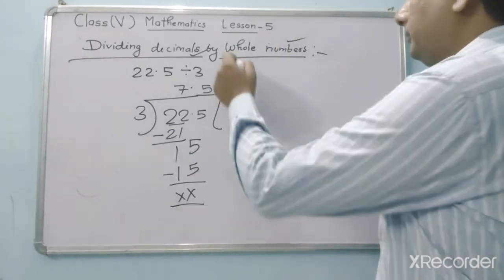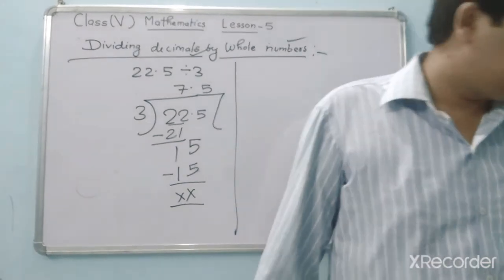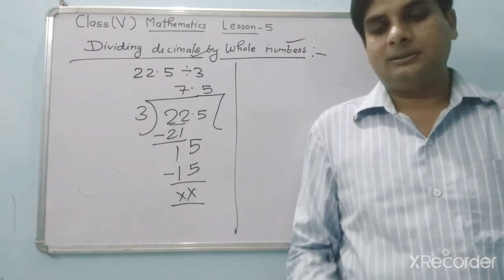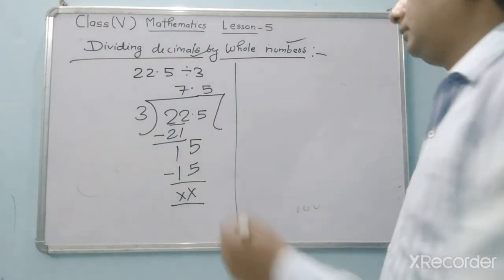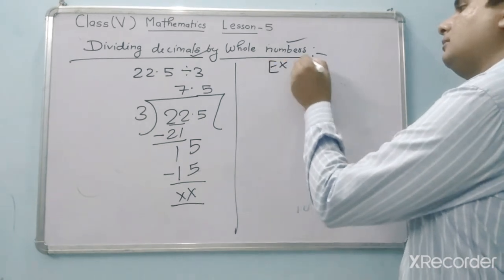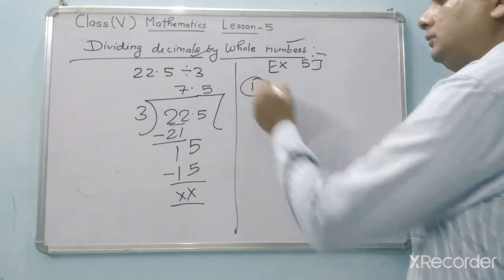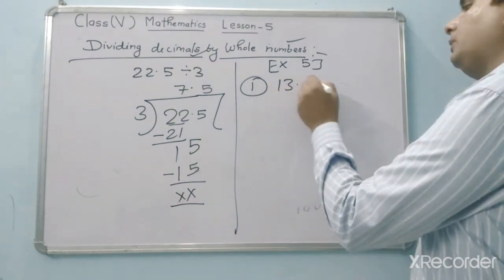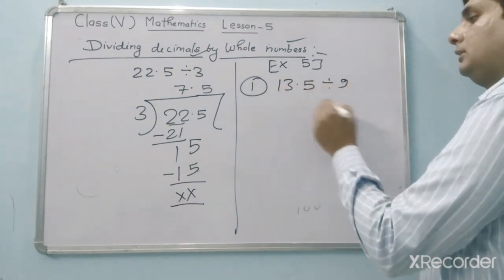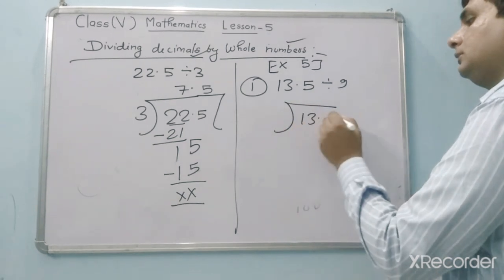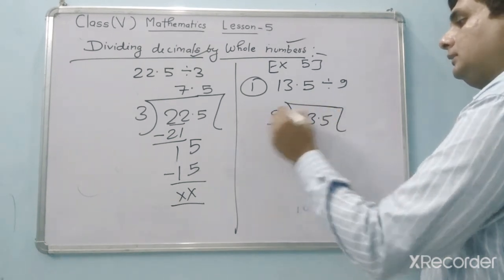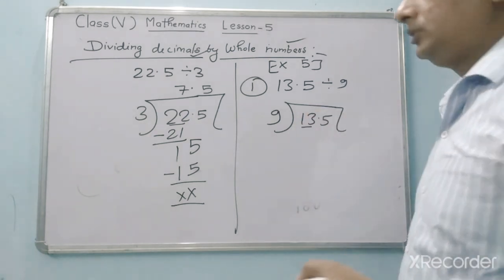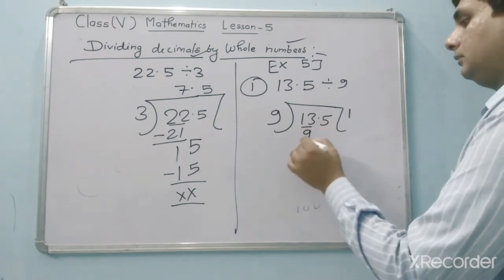One question we will take from your exercise, I am taking exercise 5J, question number 1. What is the question? 13.5 divided by 9. Same process. 1 cannot be divided by 9, so take 13 together. 9 ones are 9.